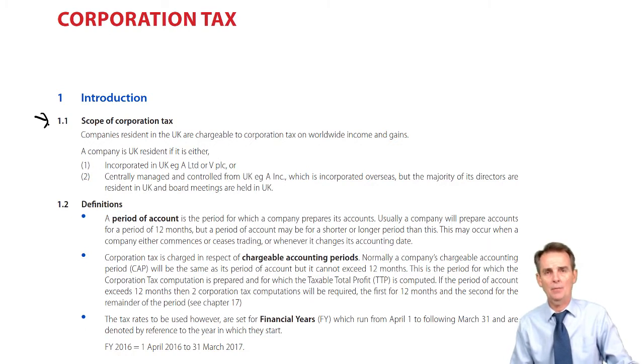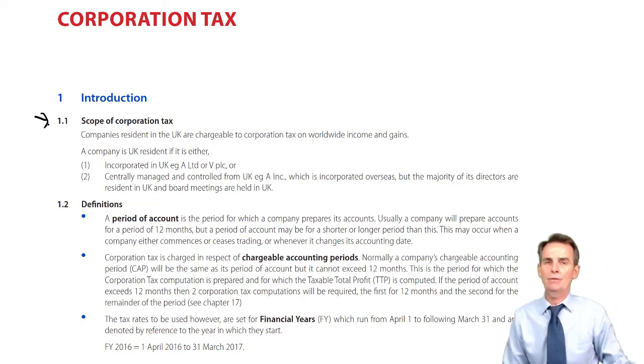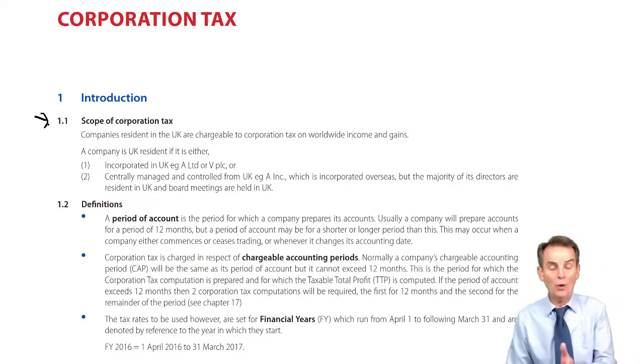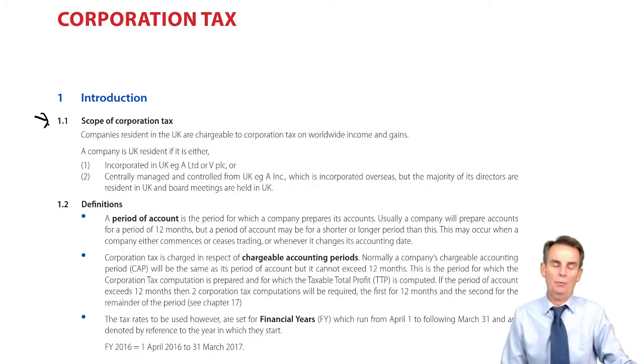Companies, UK resident companies, chargeable to corporate tax, they do not pay capital gains tax. We've seen in recent chapters how individuals are subject to CGT, but not so for companies. Companies pay one tax, it's corporate tax, on all of their profits, a figure that we'll see soon on the pro forma known as taxable total profit.